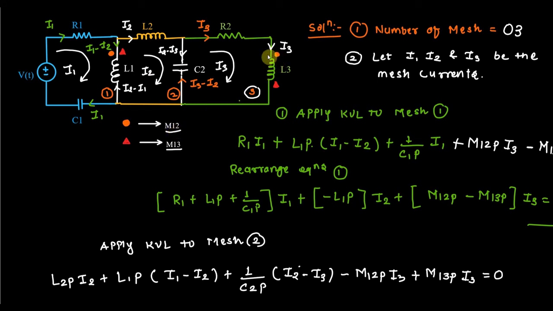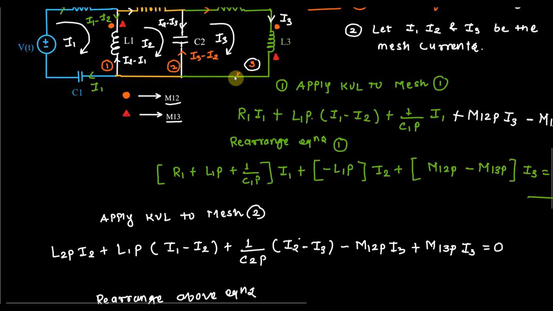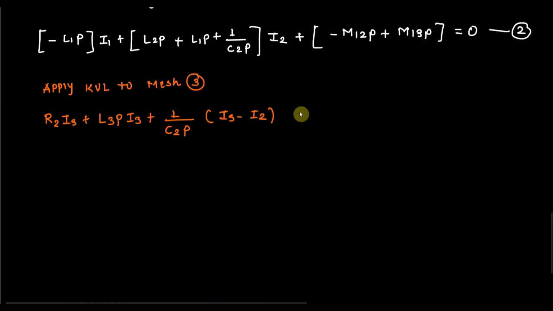Okay. And this circle is with this circle. What is the current through this circle? You can consider I1 minus I2 or you can consider I2 minus I1. I am considering I1 minus I2. So it is M12P, I1 minus I2.